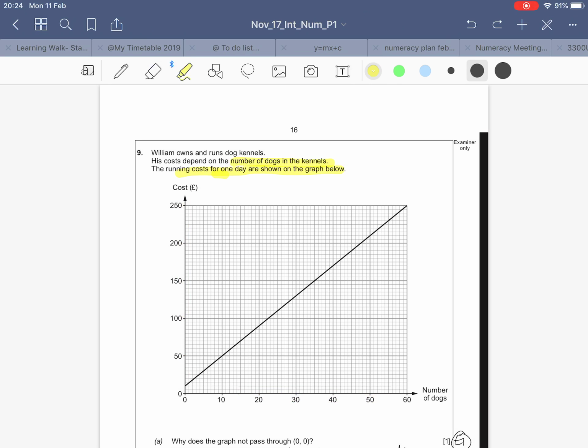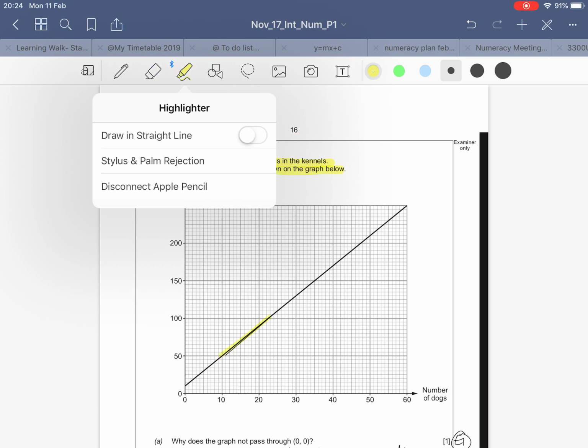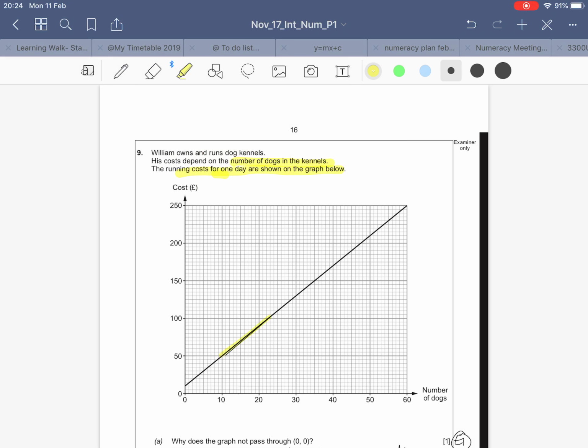So the easiest way to deal with that is to make for ourselves a right angle triangle. So that right angle triangle, I'm going to make it from the 50 to the 250 to give myself nice easy numbers to work with.